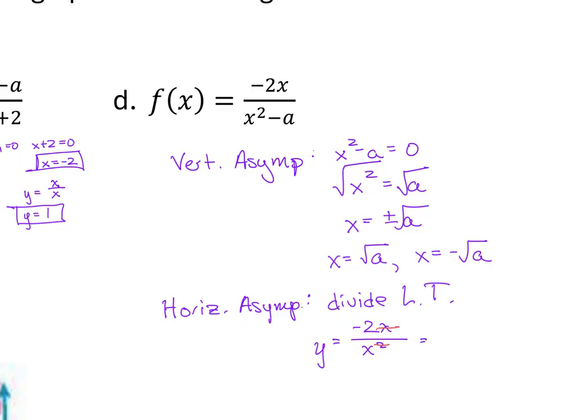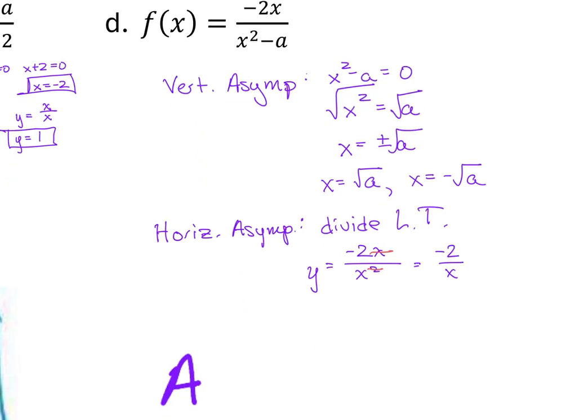This simplifies down to -2 over x. But I do still have a variable running around in the denominator. And so as x gets really big, this gets really small. And so we have a horizontal asymptote of y equals 0. And we don't care that we have a negative on the top. It doesn't matter. It still gets really close to 0.